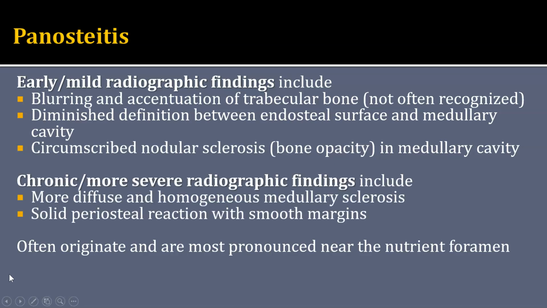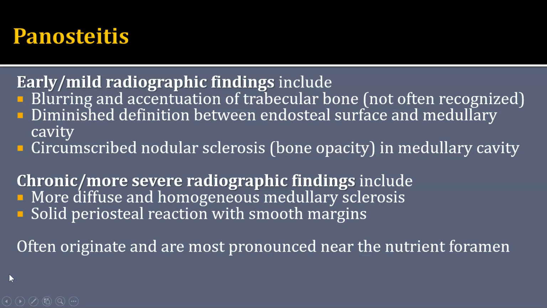As the disease progresses, chronic or more severe radiographic findings can include more diffuse and homogeneous areas of medullary sclerosis, so no longer the circumscribed nodules. And then sometimes along the periosteal surface of the cortex, we'll actually get a solid periosteal reaction with smooth margins.